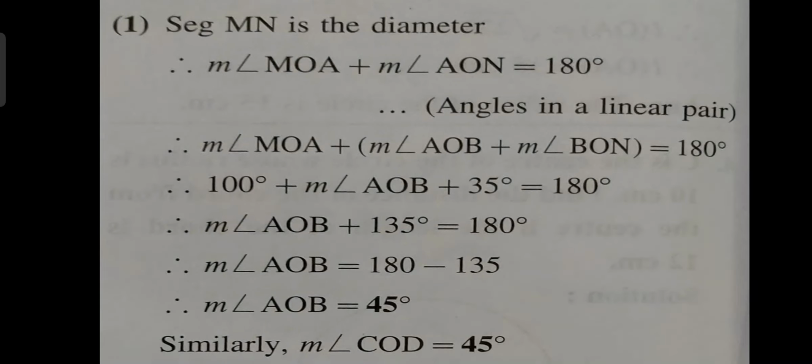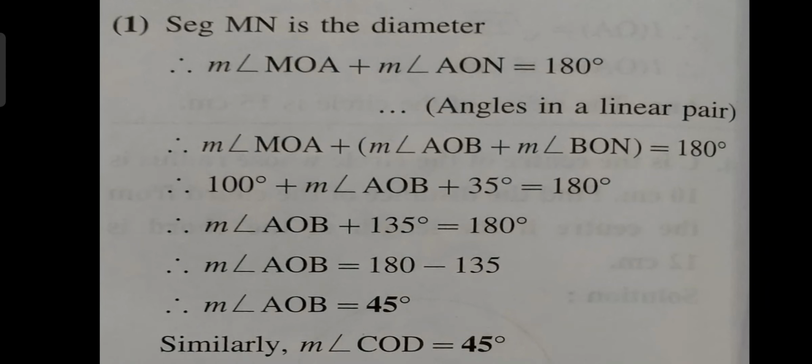So 100 plus measure angle AOB plus 35 degrees gives us 180 degrees. So measure angle AOB plus 135 degrees is equal to 180 degrees. Therefore measure of angle AOB is 180 minus 135, which gives us 45.